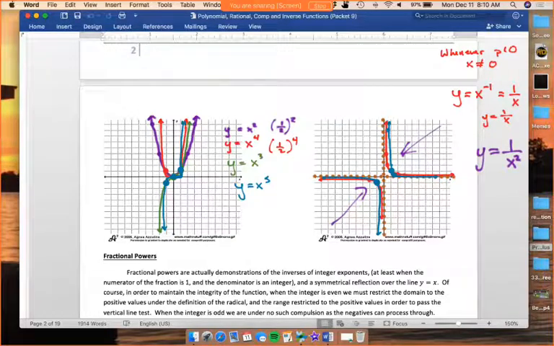No. Somebody said no. Why not? What happens when we choose to apply an even exponent to x? What does that change?